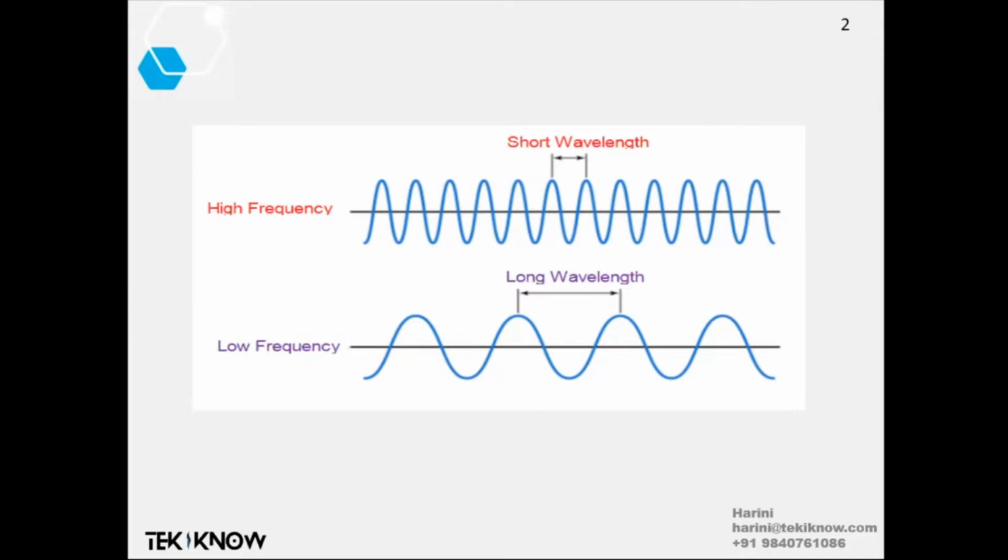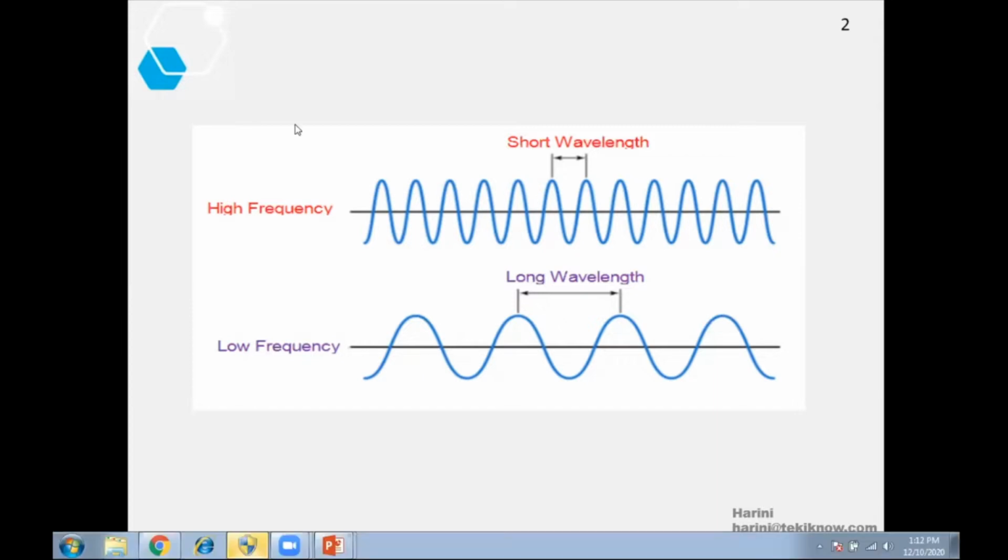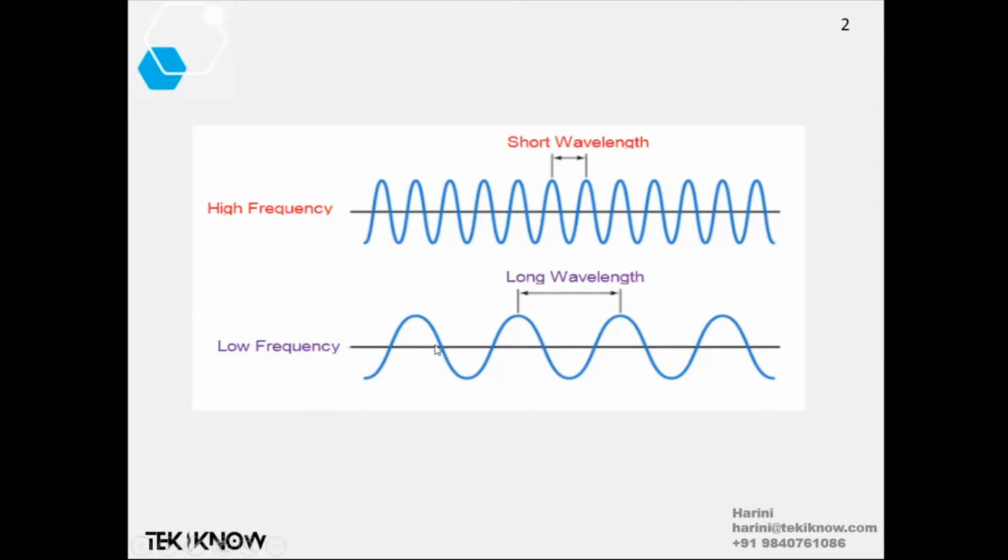How many steps, that is the frequency. This is a simple example. From here to here it is one step, how long, this is wavelength. How many steps I take to reach my destination, that is frequency.